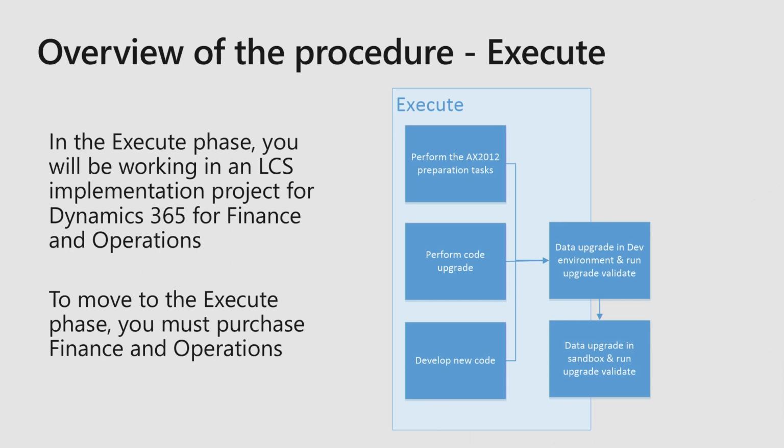Yeah, and once you have analyzed everything, that's when we would recommend you move to the execute phase. Typically in the execute phase, that's when you start doing the actual work. From an execute phase standpoint, you would go through some prep tasks on the AX2012 side, and from a D365 standpoint, you would upgrade your code.